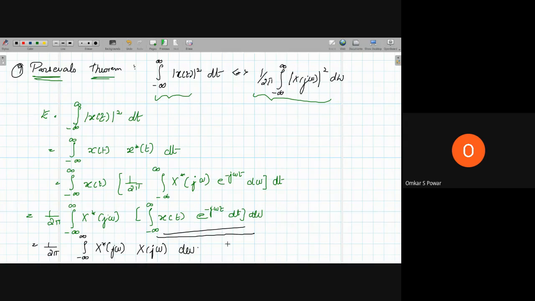So this one you can further write as 1 by 2 pi integral from minus infinity to infinity mod X of j omega whole square into d omega, and this is your energy density spectrum in the frequency domain, where LHS is equal to RHS, and hence proved.